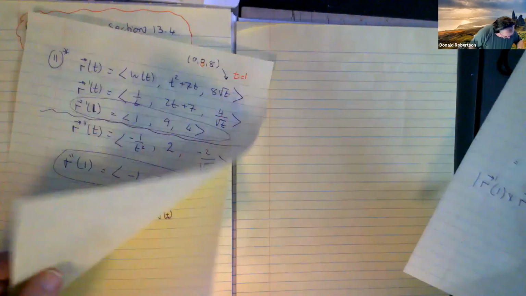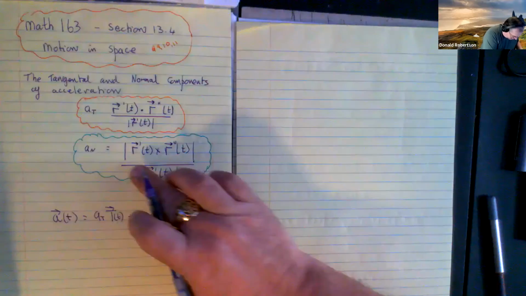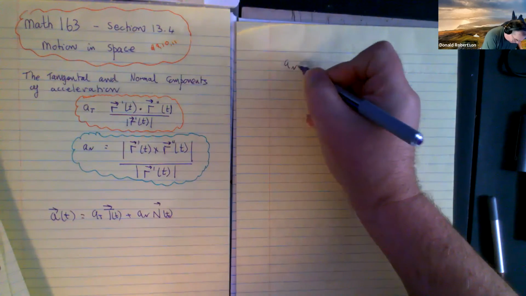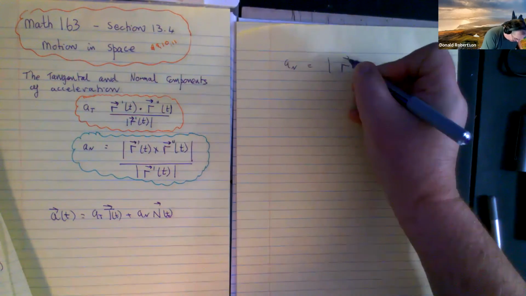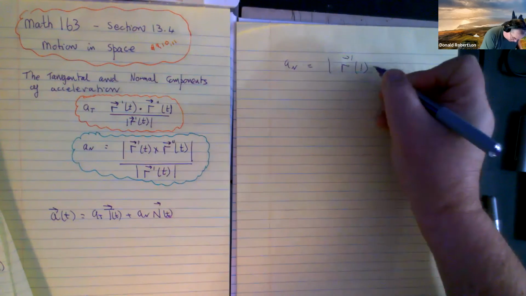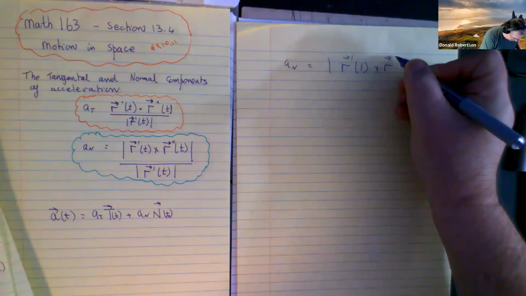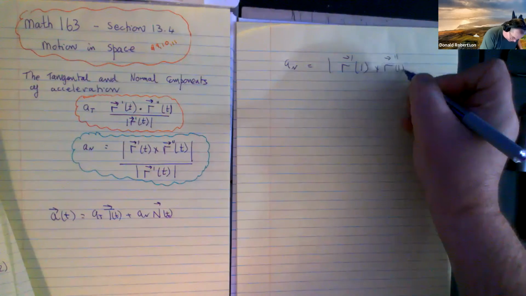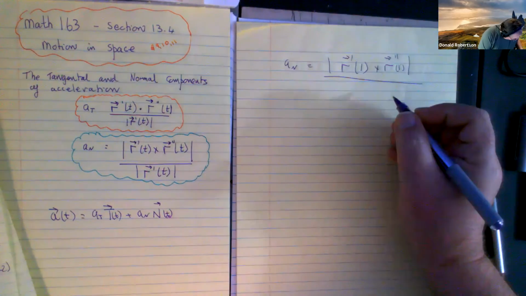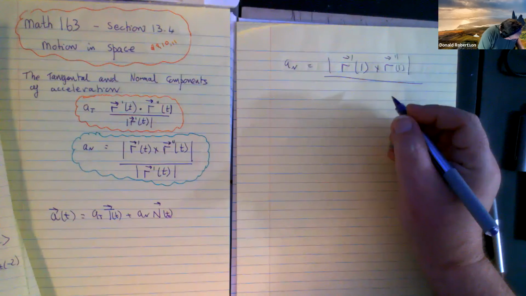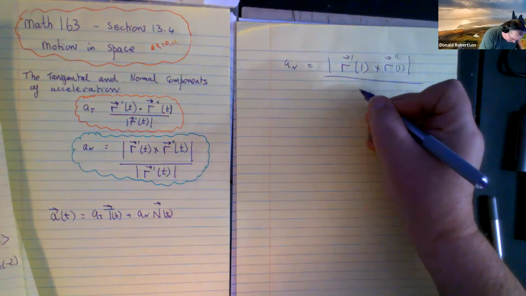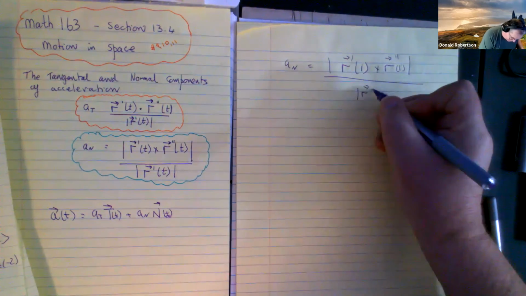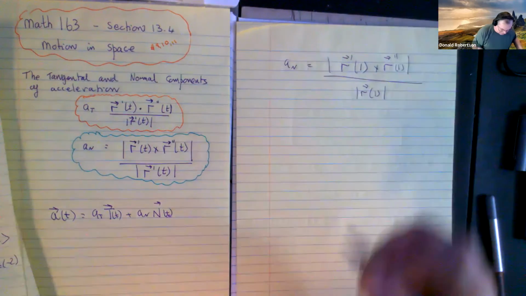The guy that we're looking for is him. So he's going to be the magnitude of the cross product of the first and second derivative divided by that fella, right?